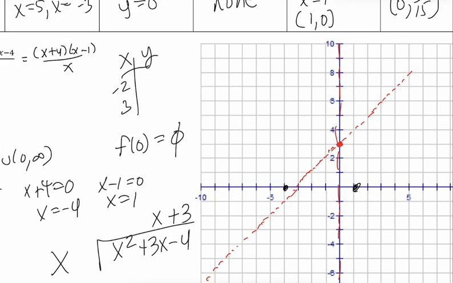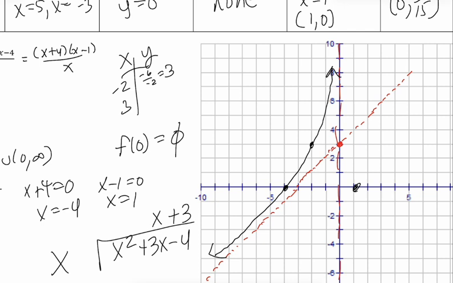If I plug in -2, I get -6 over -2 or 3. So at -2, I'm at 3. So that did securely tell us we're going to follow the asymptote. Let's plug in 3.